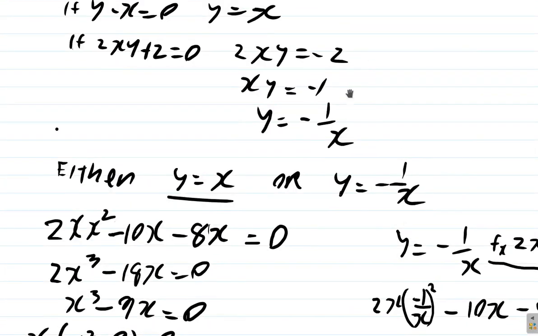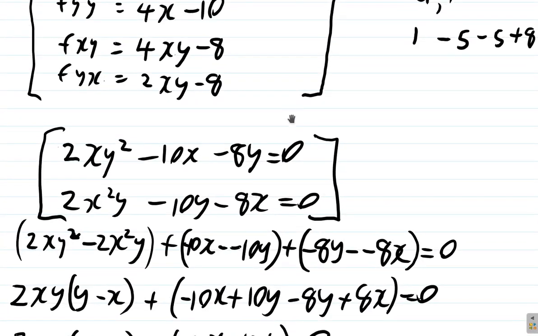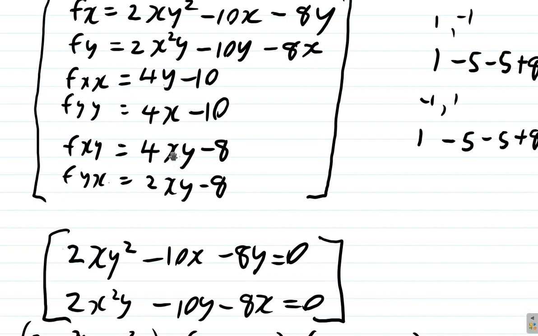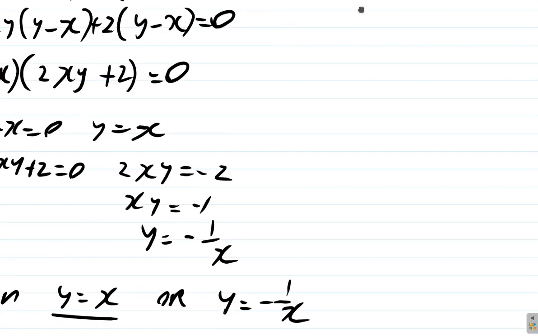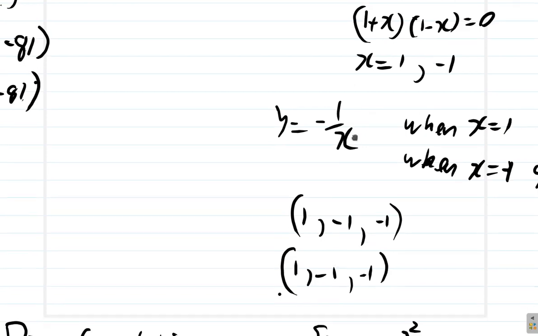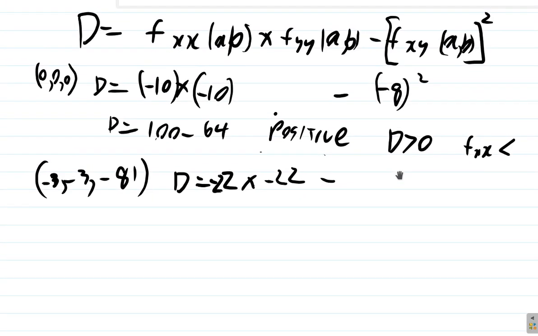Now, both x and y are negative 3. Fxy is going to be negative 3 by negative 3 is positive 9. 4 by 9 is 36. 36 minus 8 is 24, so minus 24.